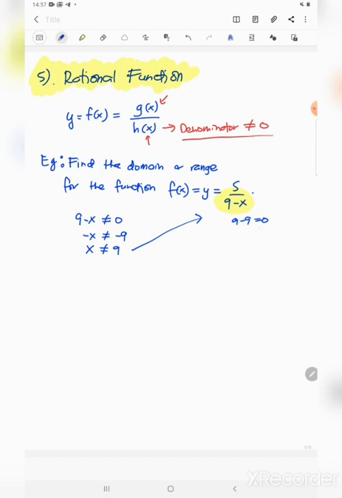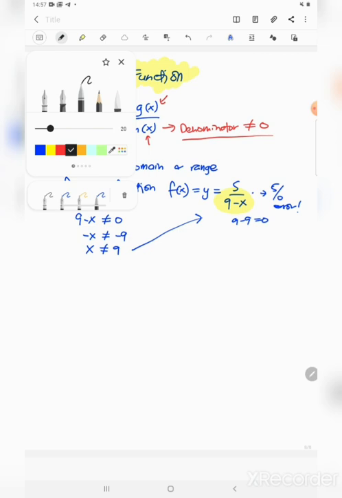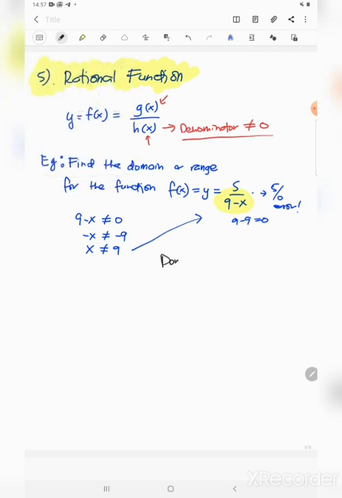Because when you press the calculator, let's say we put 5 over 0, you get an error. Therefore our domain will be all real numbers except x equal to 9, because when we put 9 into the function we get an error.